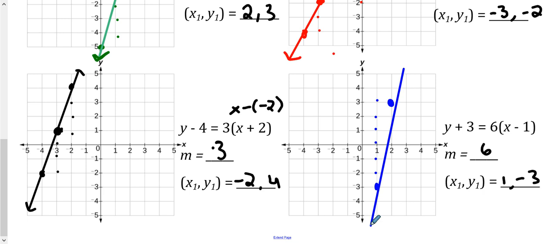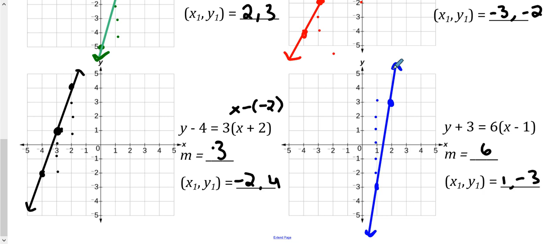There we go. And it's a little hard with only 2 points to really know what exactly this might look like, but this is probably our best bet. Right? It's going to be a really steep line. A slope of 6 is saying that we grow vertically 6 times faster than we grow horizontally. It's going to be really steep.